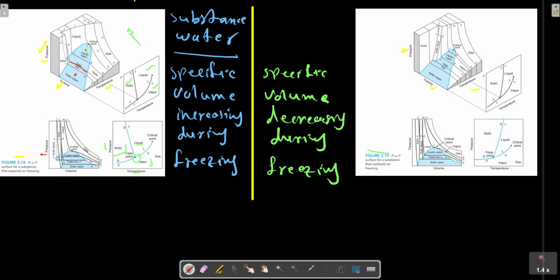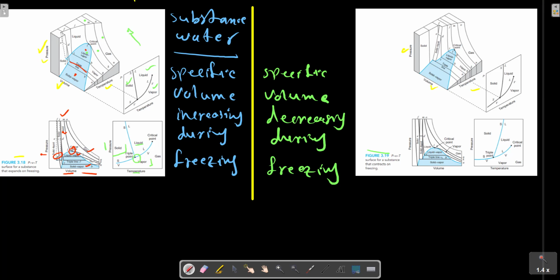We also have a pressure-volume diagram in this part of the picture, with the critical point at the top of the blue area, and solid-vapor, liquid-vapor, gas, liquid, and solid-liquid phases here.